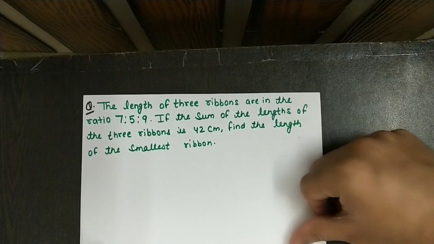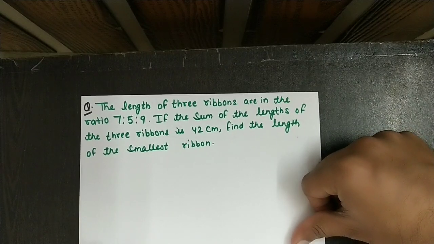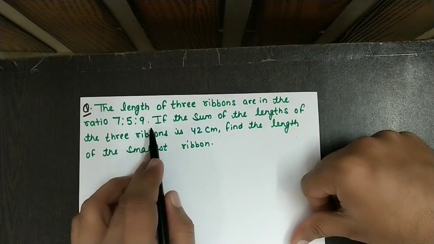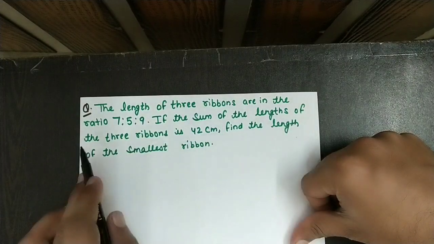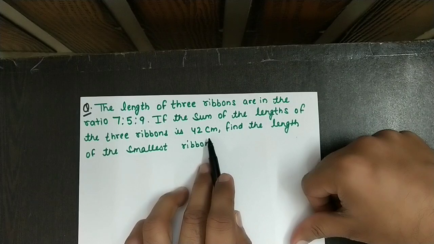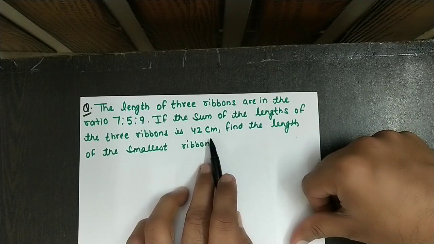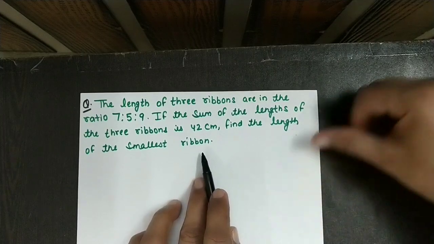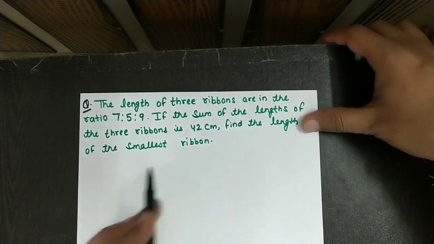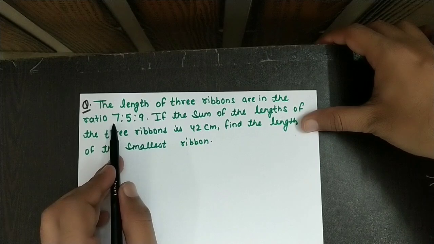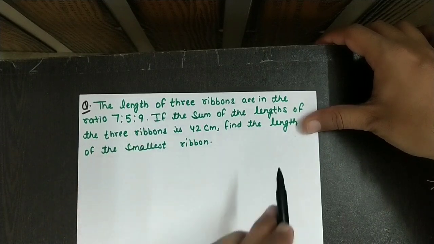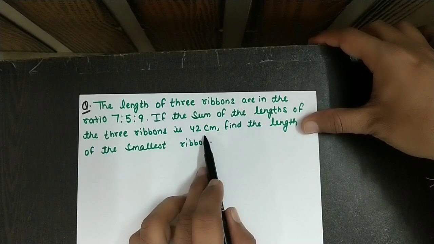Our next question is, the lengths of 3 ribbons are in the ratio 7:5:9. If the sum of the lengths of the 3 ribbons is 42 centimeter, find the length of the smallest ribbon. First, we know the sum of the lengths is 42 centimeter.